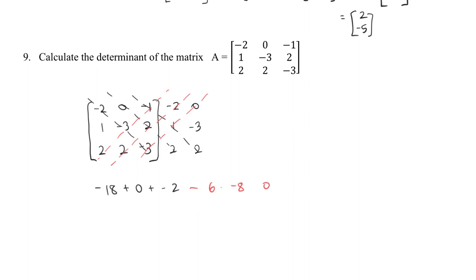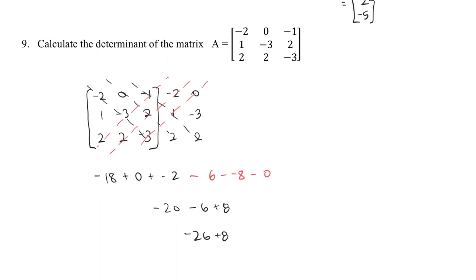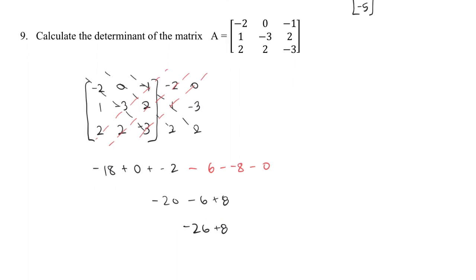All of those are going to be subtracted. So -18 plus 0 plus -2 is -20. Minus 6 plus 8. That's -26 plus 8. That's -18.